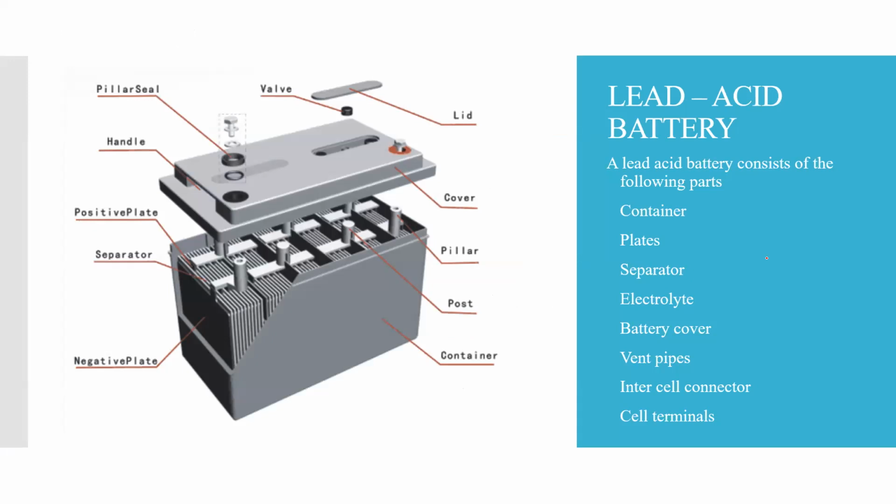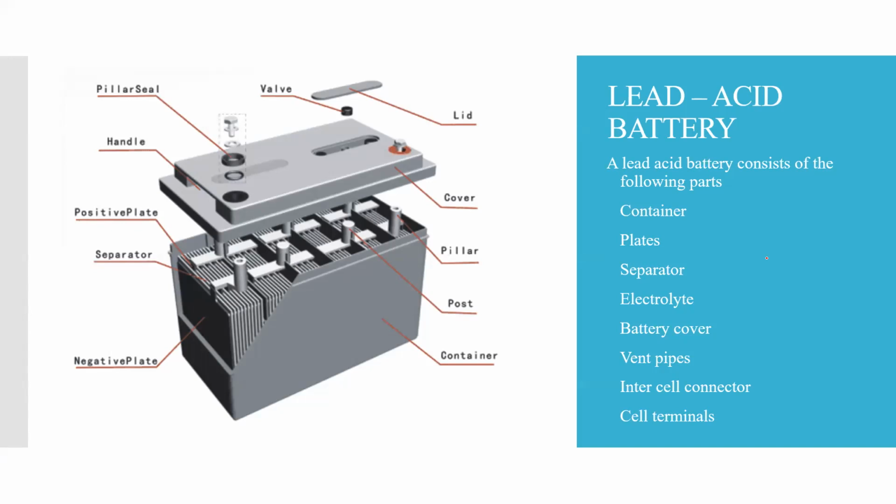We are not going to discuss all of them in detail, only some terminologies and basics. Since the lead acid battery was very popular before a few years, we are discussing it in this section. Later on you can study lithium ion batteries in 5th semester and onwards.